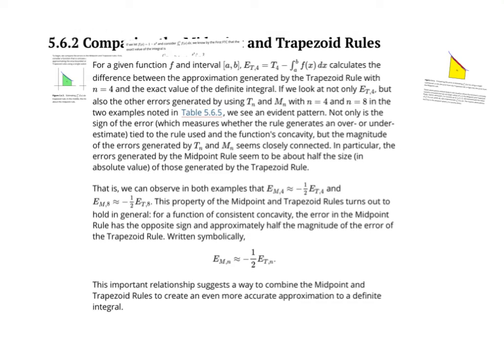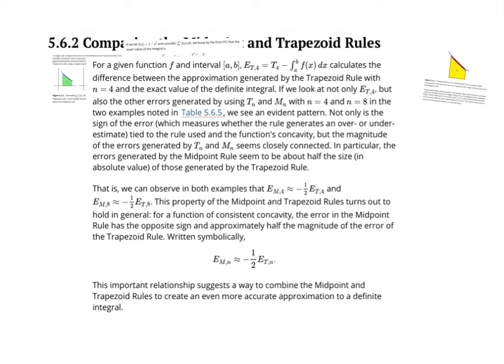And we're going to wrap this part up by talking about how we can combine those two rules to get an even better rule. And we'll talk about that next. So what you notice, again, the observation we had is that the error for midpoint rule is approximately the opposite sign of half of the error for trapezoid rule.